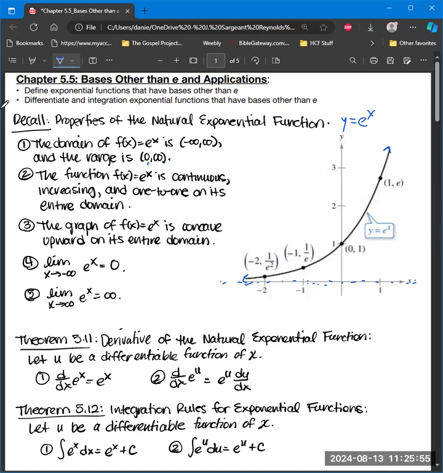If you remember the general form f of x equals a times f of x minus h plus k, the a stretches things vertically, the h shifts things horizontally, and the k shifts things vertically.